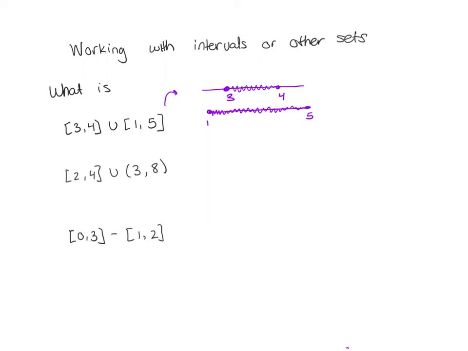So all of the numbers from 1 to 5 are going to be in one of the sets. So this union is actually just equal to the second one. This gives us a question that you can maybe think about: when is a set union another set just equal to that original set?